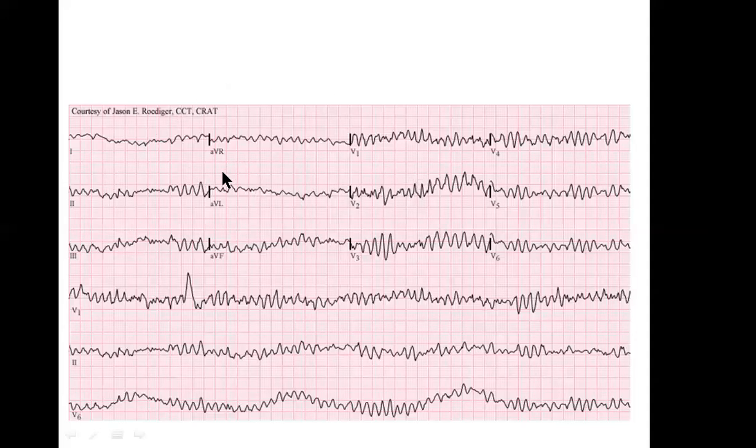Irregular, bizarre, no pattern you can delineate in this ECG. This is ventricular fibrillation. Treatment is CPR, shock and injection adrenaline.